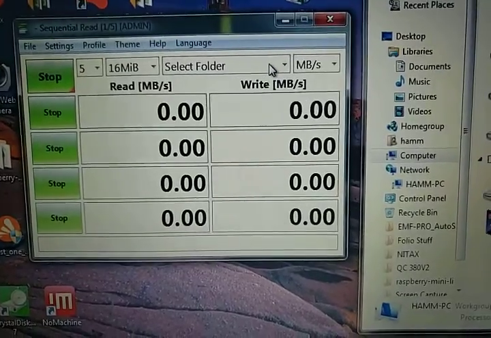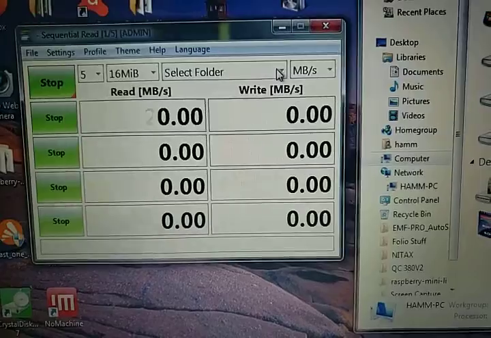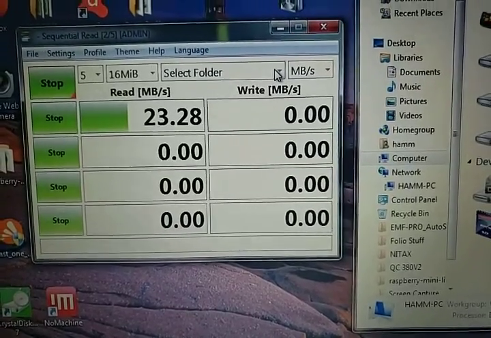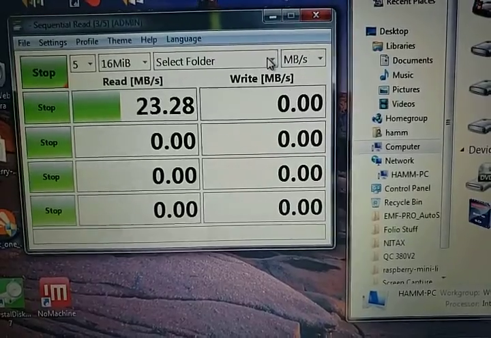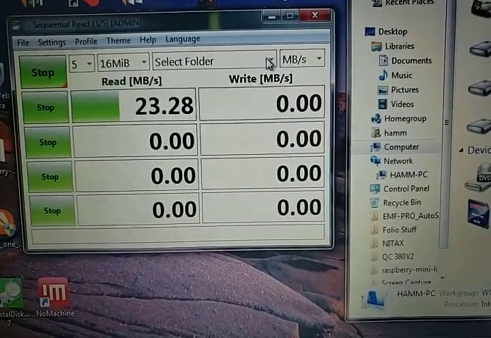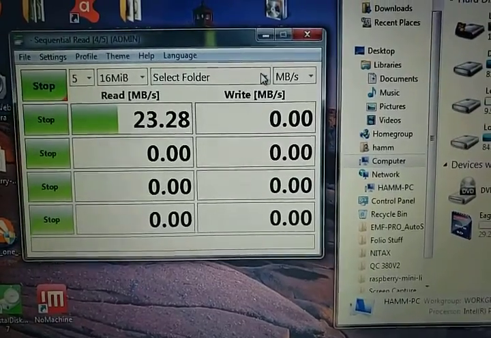It doesn't allow me to select as well, or is it testing or what? It's taking a long time. Oh, here it is. Read 23 megabits per second, which is more or less the same result as on the other side.